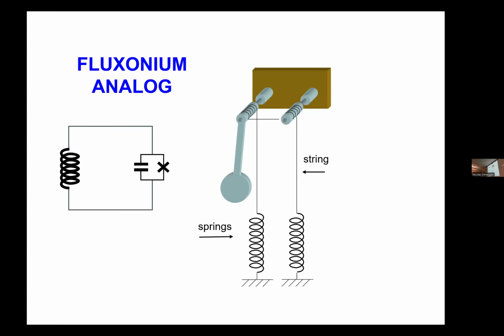But in addition, you can instead have a loop. So instead of taking the junction of the Cooper pair box and shunting it by a capacitance to make the pendulum more heavy, instead you can put an inductance across the tunnel junction, which means that as you turn this pendulum, you pull on these springs here.